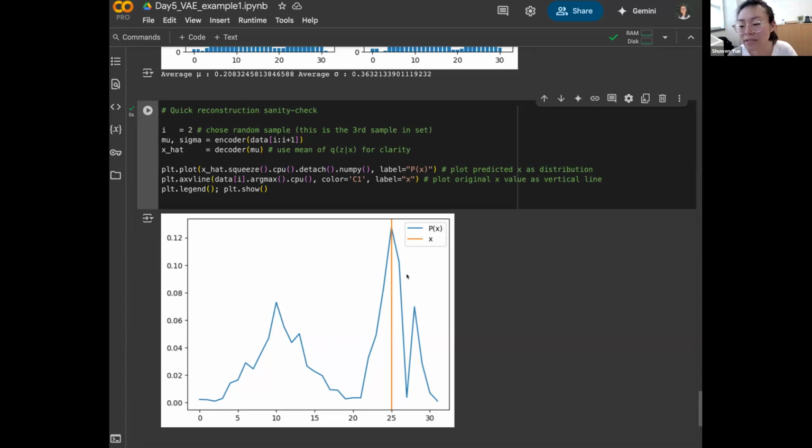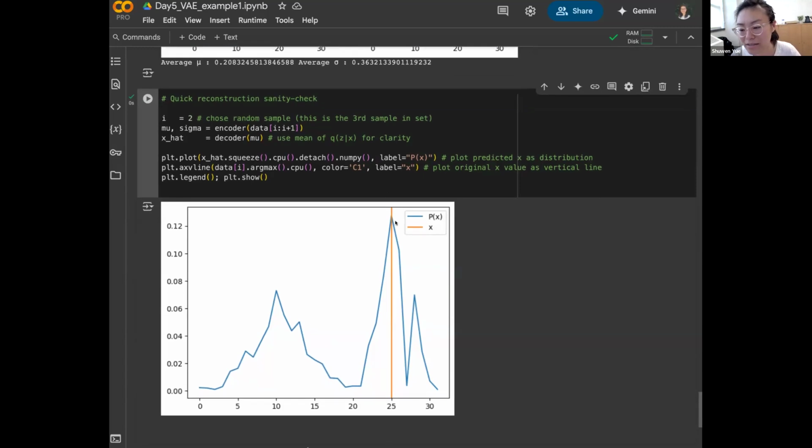The predicted probability from reconstructing that training set input is pretty much exactly what we anticipated it to be. So now we're hitting it exactly. I see there's another question here.